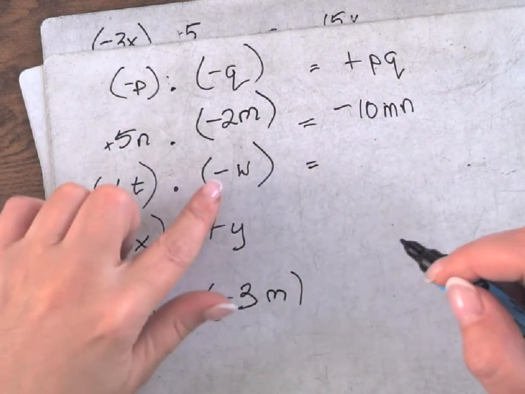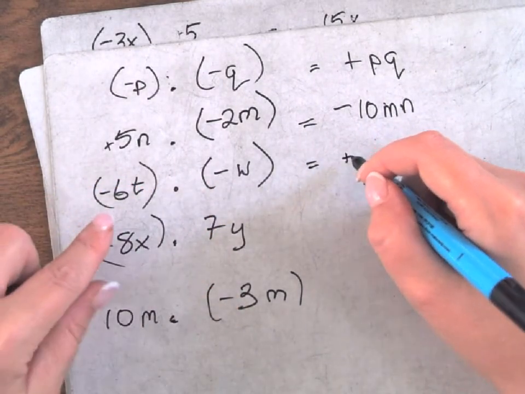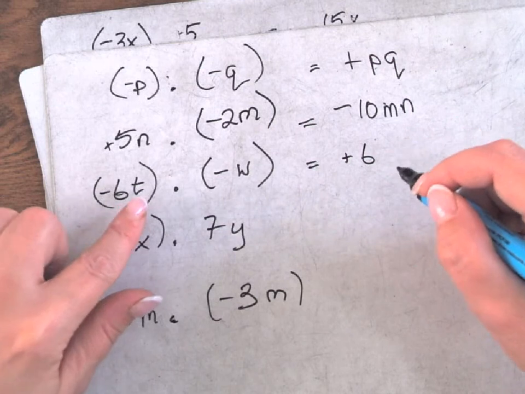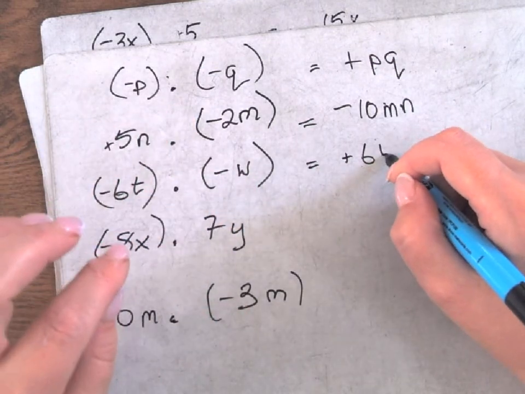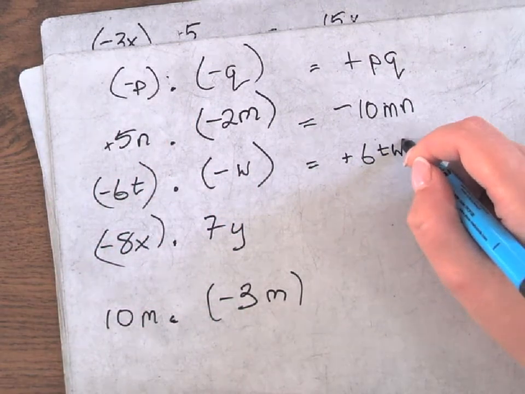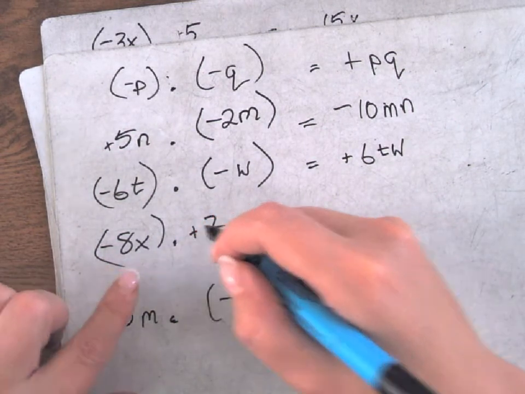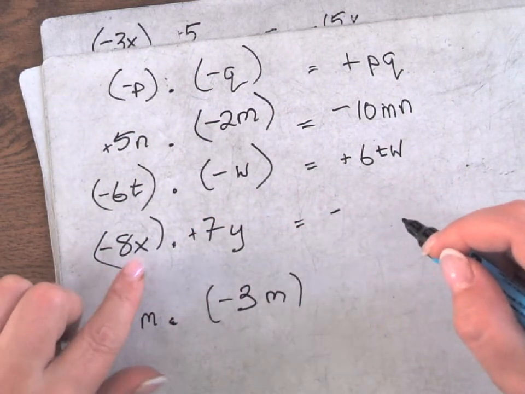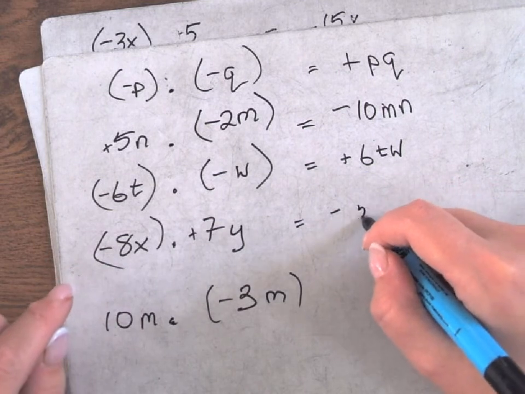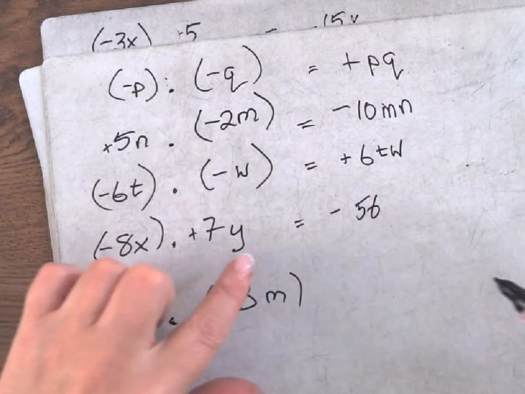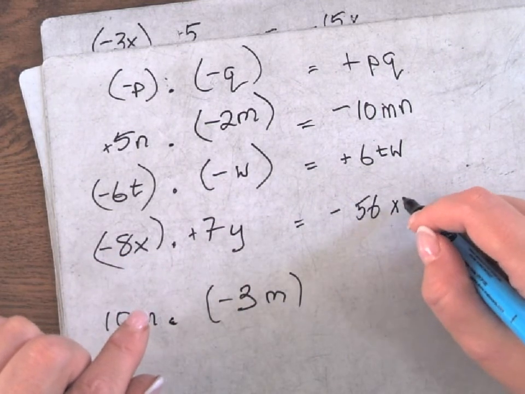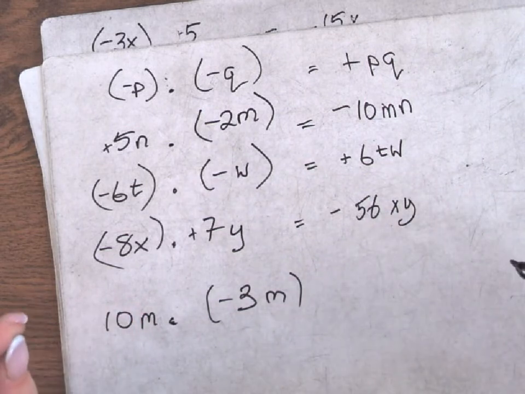A minus by a minus is a plus. We just have a 6. And T by W is TW. Okay, a minus by a plus is a minus. 8 by 7 is 56. X by Y is XY. Is that okay?